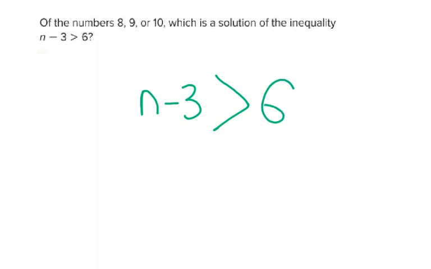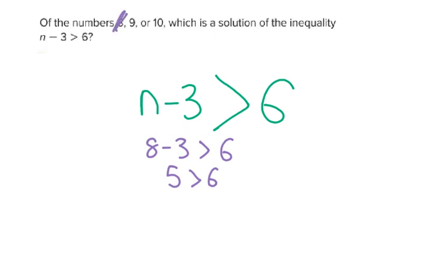So we're going to substitute the possible solutions, 8, 9, and 10, into the inequality and see if it's true. First, 8. If I substitute 8 for n, I get 8 minus 3 is greater than 6. Well, 8 minus 3 is 5, and 5 is not greater than 6. So 8 is not a solution.